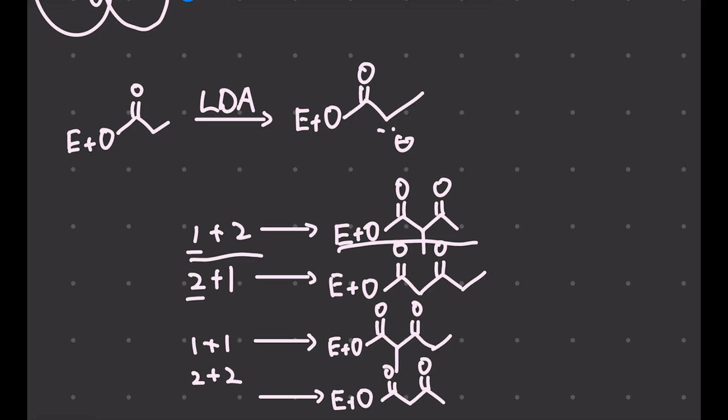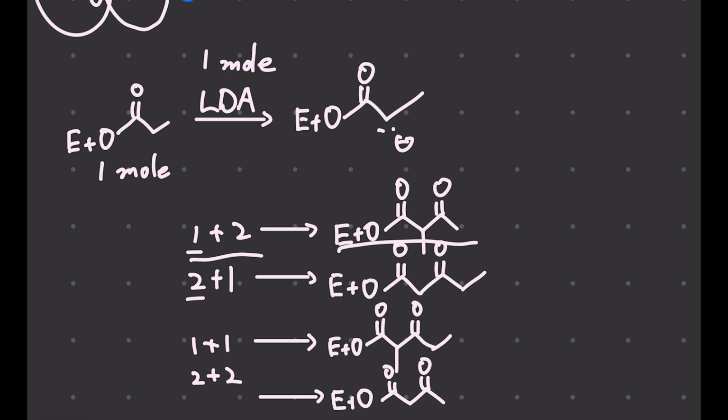And it's important that you use 1 mole of LDA per 1 mole of reactant. In this case, it would be 1 mole of each. So this will deprotonate basically all of the starting material.